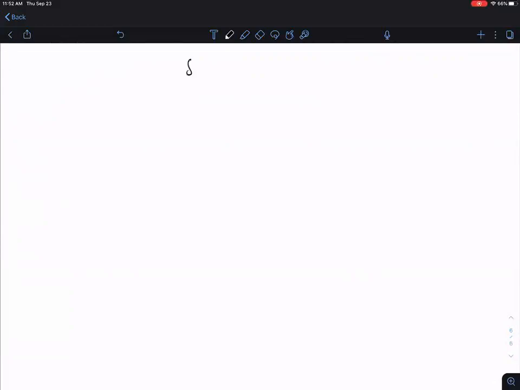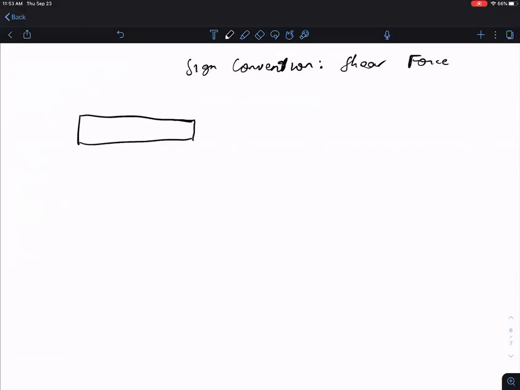Now let's talk about the sign convention for shear forces. So we say that internal shear forces are positive when they produce a clockwise moment on a segment. So let's look at another horizontal segment, and we will draw the shear forces at the ends.